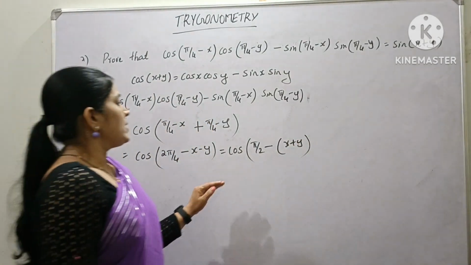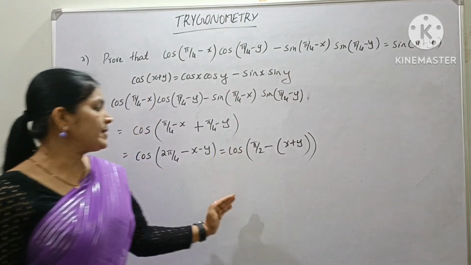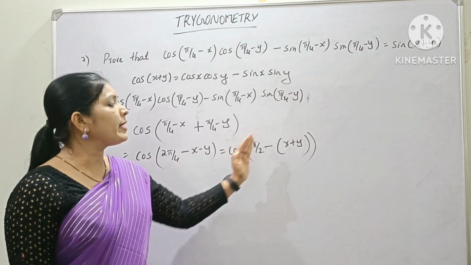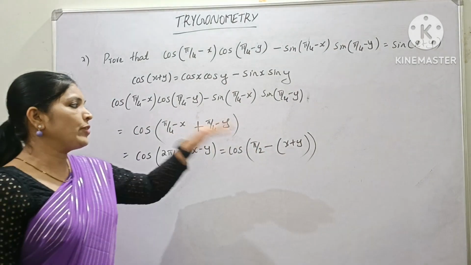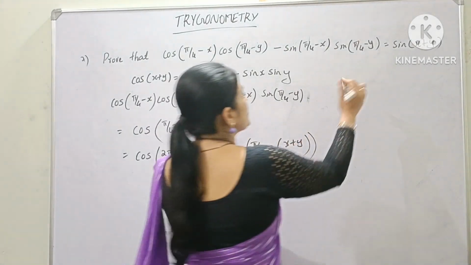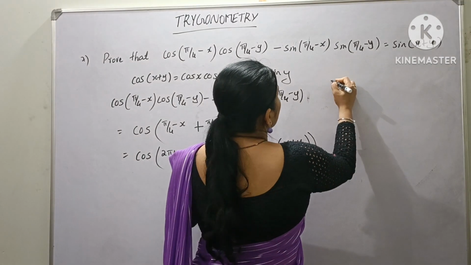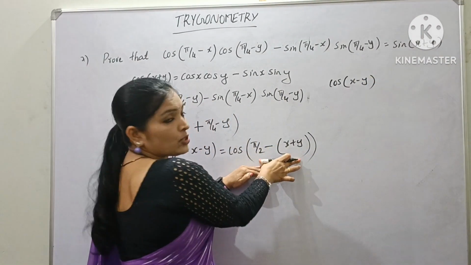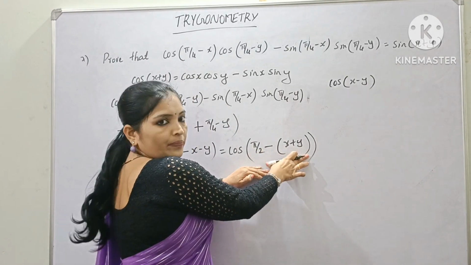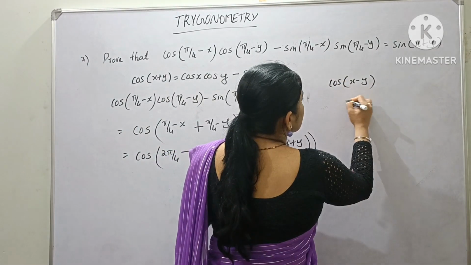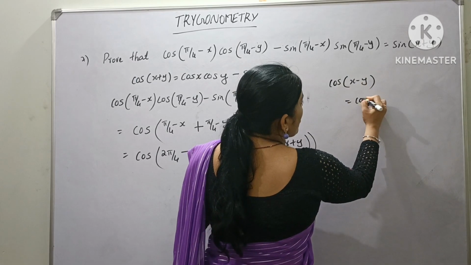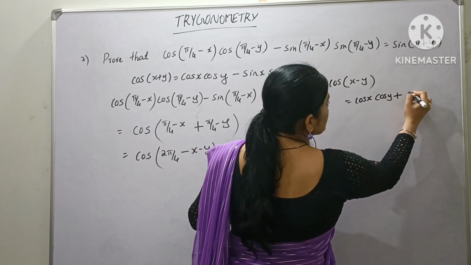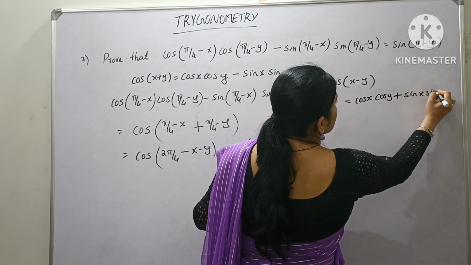Now see here, what is cos of pi by 2 minus x plus y? If you are confused, you can find it by the formula. What is cos x minus y? Cos x minus y is cos x cos y plus sin x sin y.